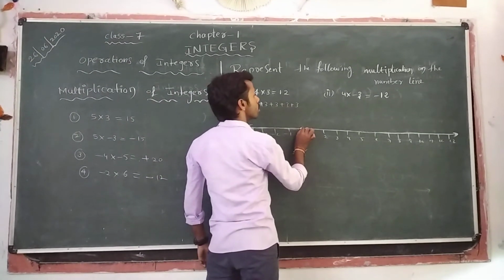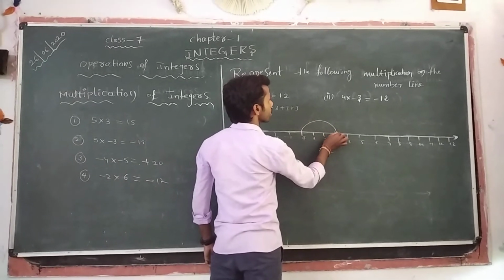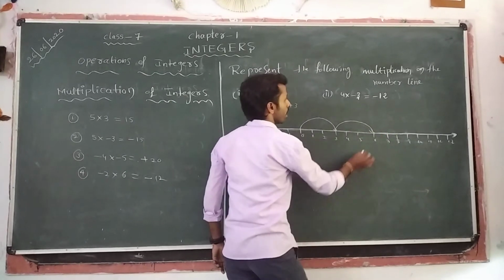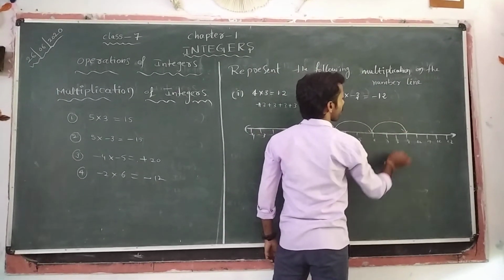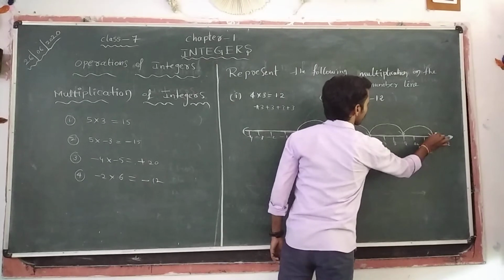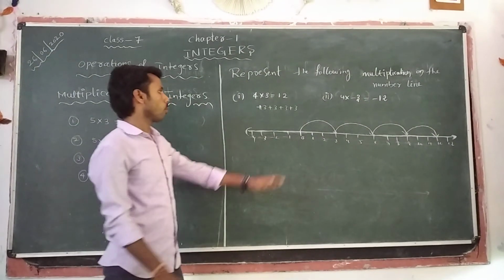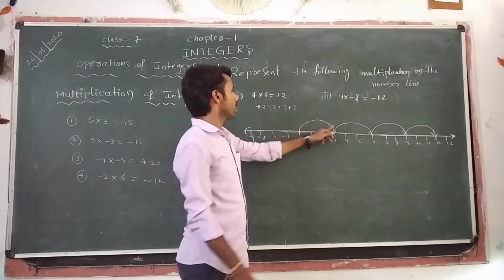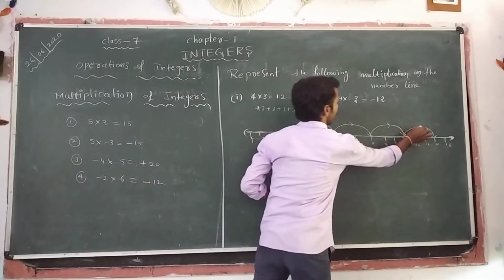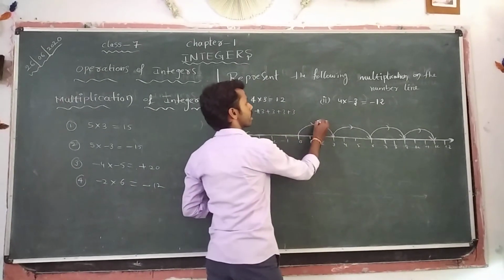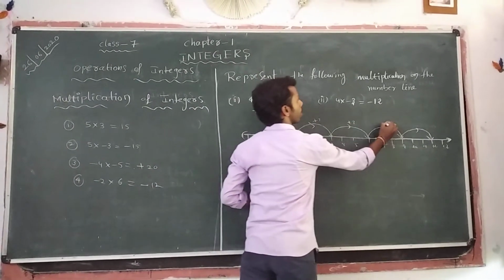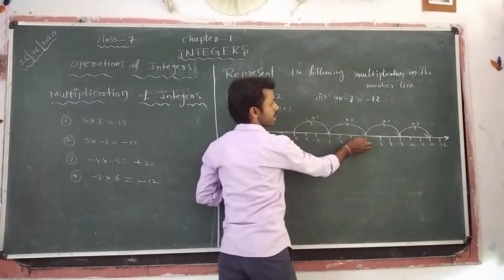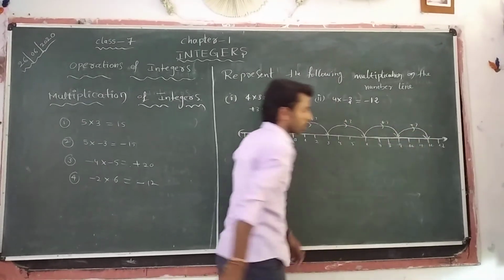So first 0 to 3, 3 to 6, 6 to 9, and 9 to 12. That is 4 times adding 3, giving 12.